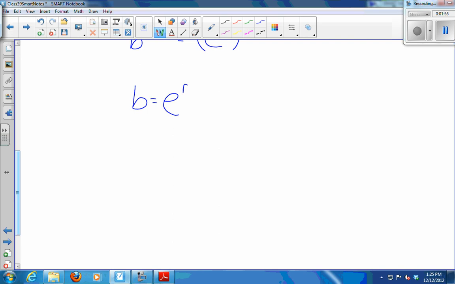If you know b, you can figure out e to the r, and if you know r, you can figure out b. So b equals e to the r, or how would I solve this equation for r? If we take the ln of both sides, I have the ln of b equals the ln of e to the r.